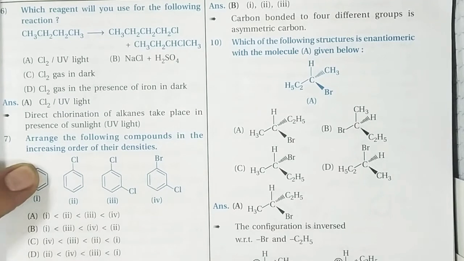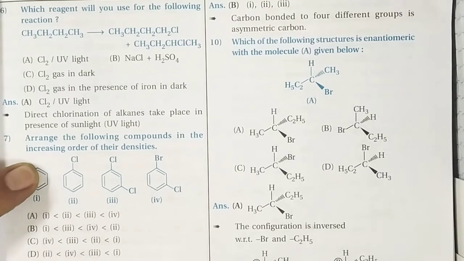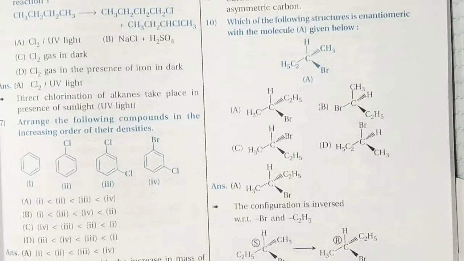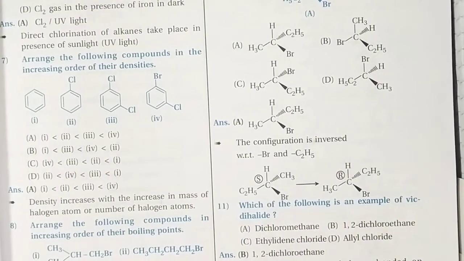This reaction is a simple free radical substitution reaction, and free radical substitution reactions always require light. So in presence of Cl2 and UV light, not in dark, because if the compound is chlorine we have to use UV light. But if the compound is F2, the reaction is performed under dark conditions too, due to the small size of fluorine.